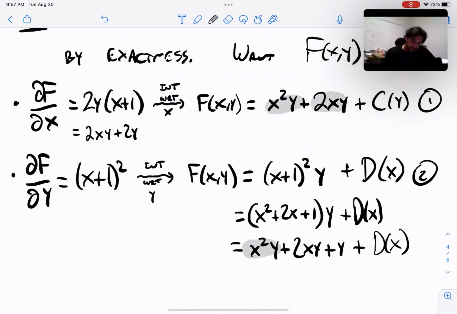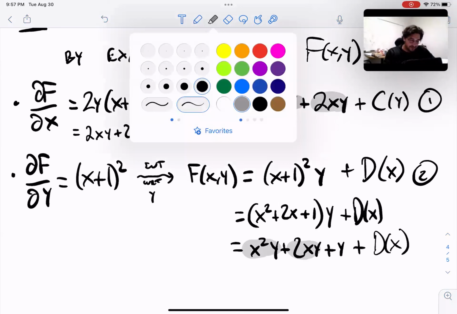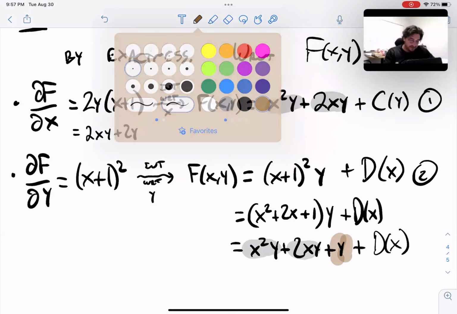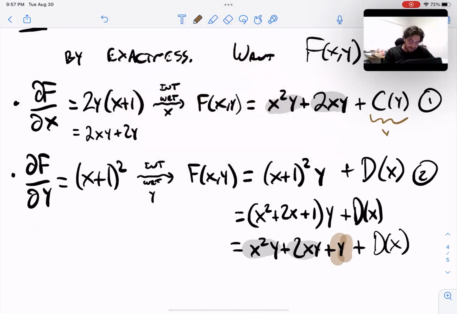They also already agree on this term 2xy, right? The only thing that's different is this term right here, this term y, right? So what do I know? I know then that this c of y must be y, right? That c of y must be that y term.